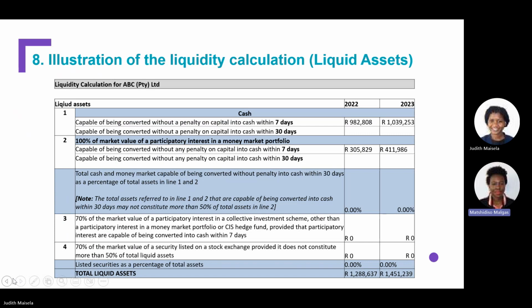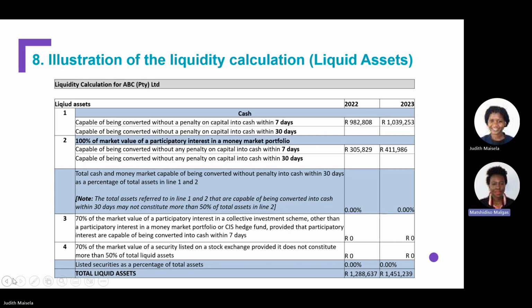If an FSP has any market value of participatory interest in a market portfolio that cannot be converted to cash within 7 or 30 days, those are not considered to be liquid assets.